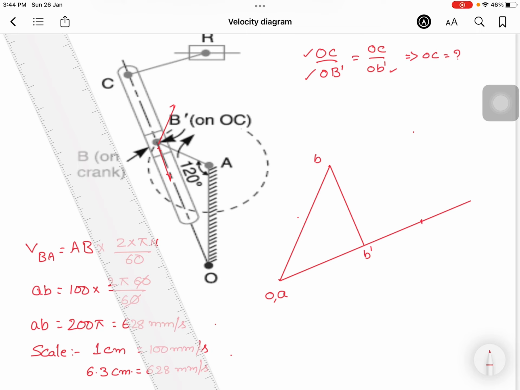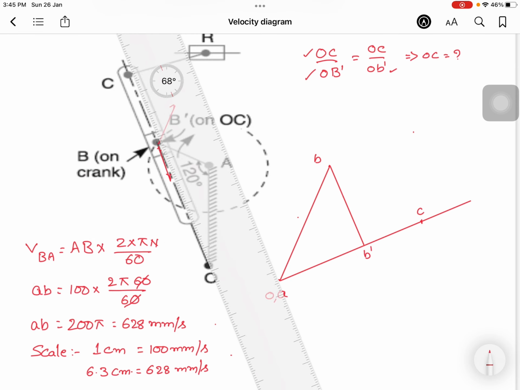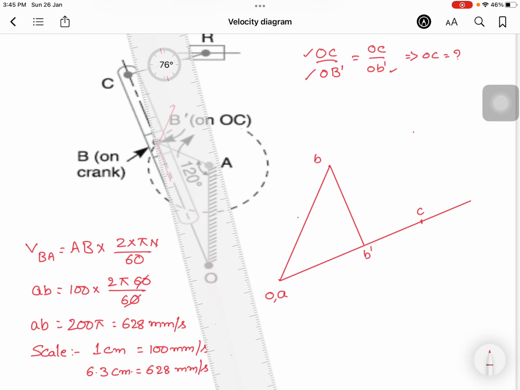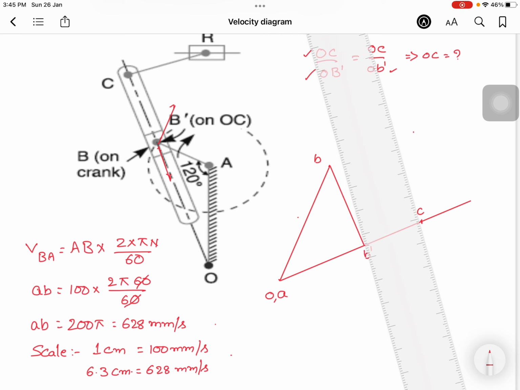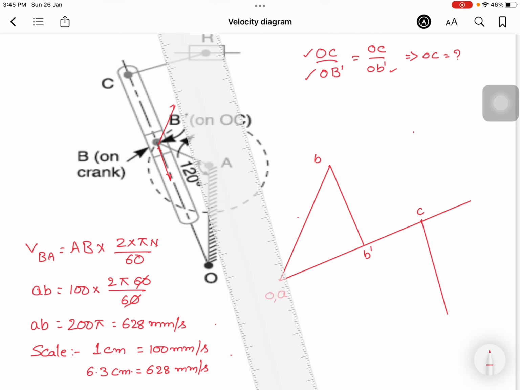I am assuming that the C point will be somewhere here. Once you get point C, draw a line perpendicular to CR from point C. This is the line perpendicular to CR.